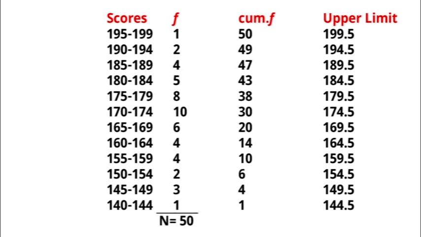So for the class intervals we have 149.5, 154.5, 159.5, 164.5, like that we have calculated the upper limit of each class interval: 169.5, 174.5, 179.5, 184.5, 189.5, 194.5 and 199.5.